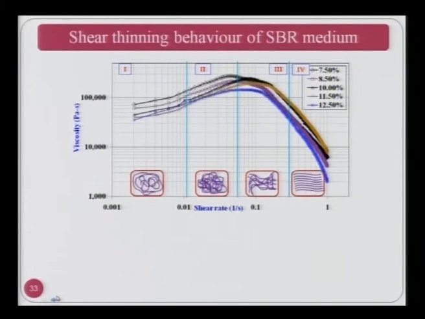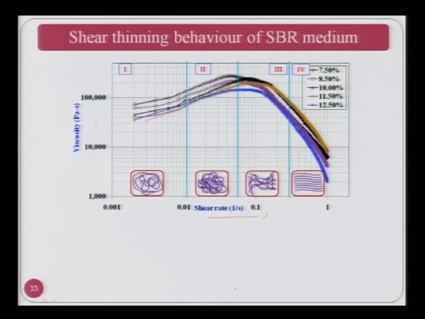Shear thinning behavior of the SVR medium was evaluated, as I showed you in the earlier figure. Now here is the shear rate. As shear rate is increasing, the viscosity of the medium is increasing, not slightly but to a large extent, because both the x-axis and the y-axis are on a logarithmic scale.